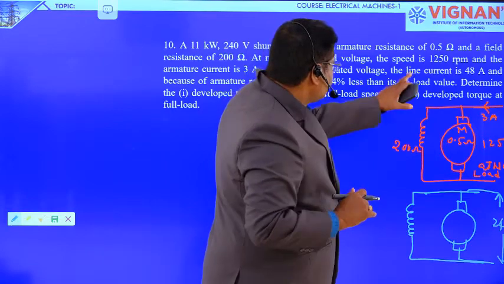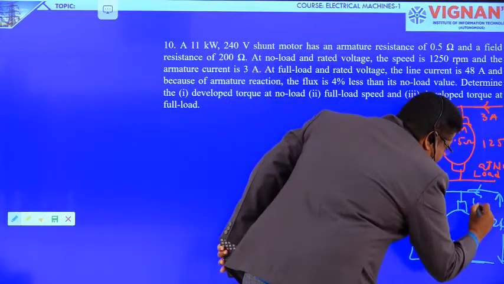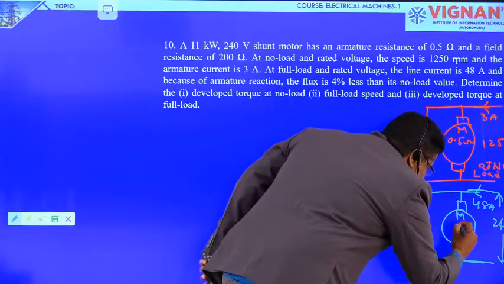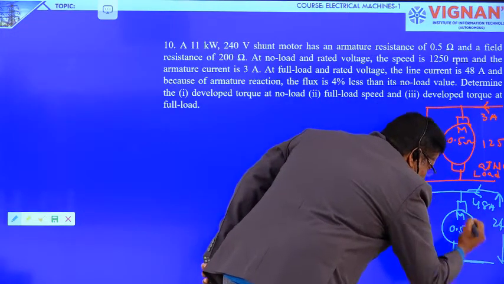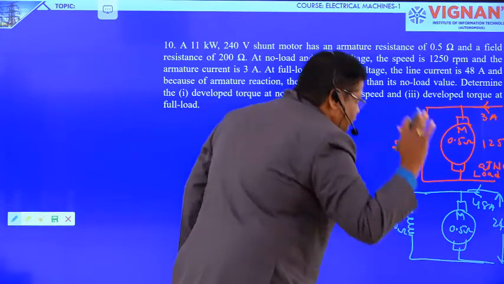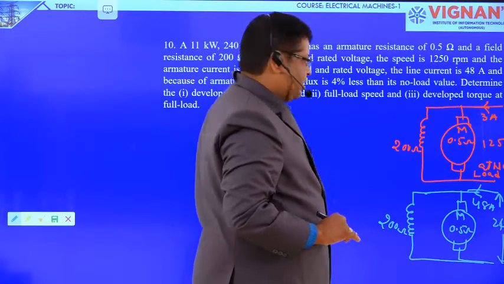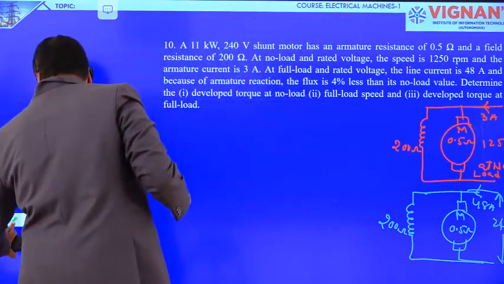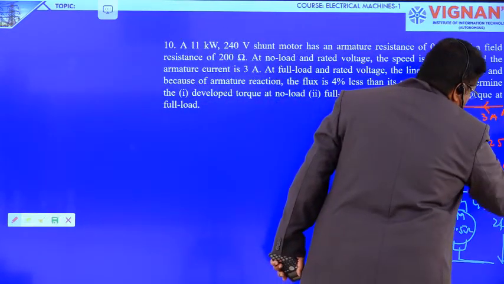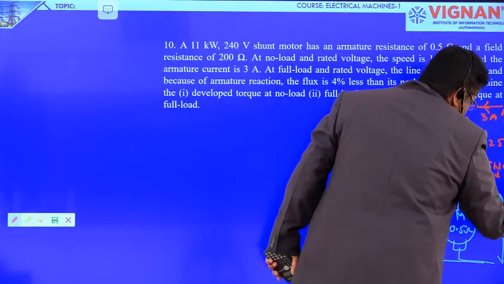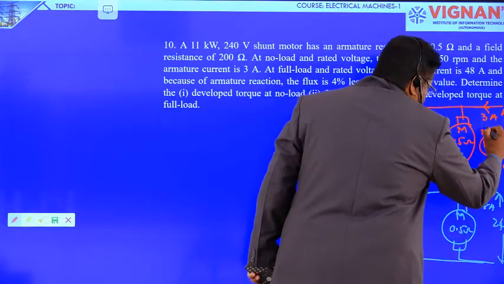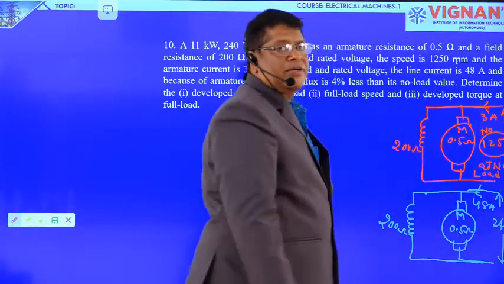In the second case the line current is 48 amperes. Armature resistance is 0.5 ohm, there is no change. Shunt field resistance is 200 ohm, again no change. In the first case the input voltage is also 240. This is the speed of the motor, which you take as N naught, nothing but the no load speed.